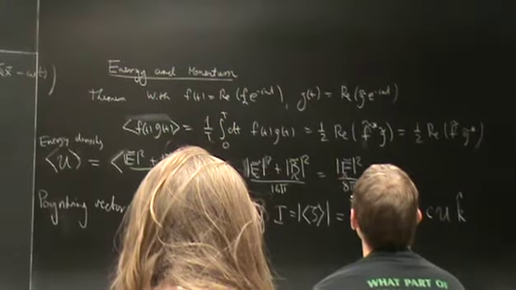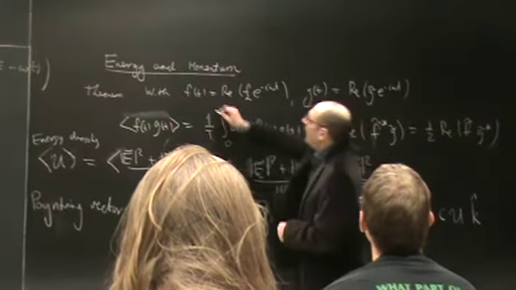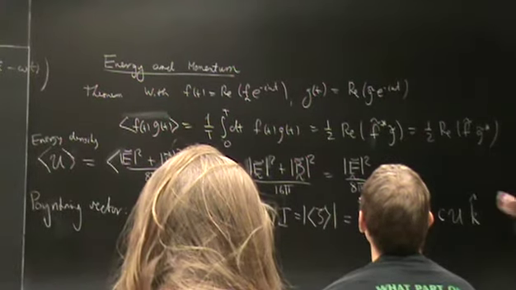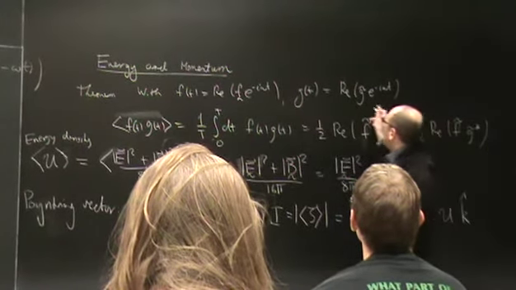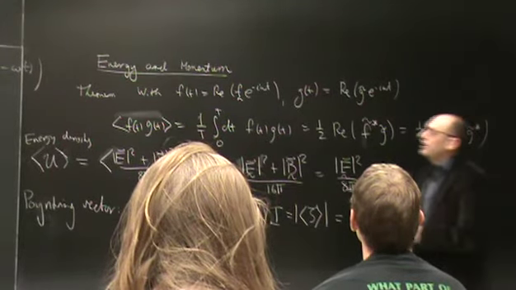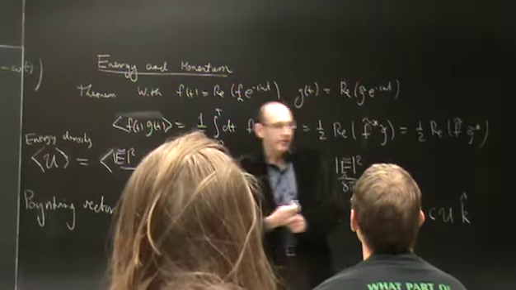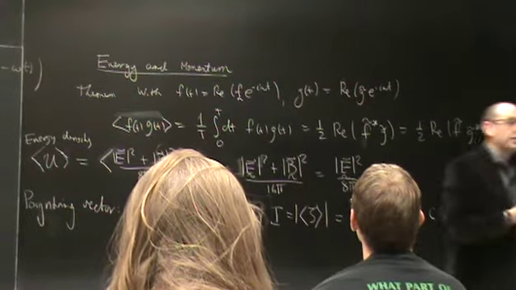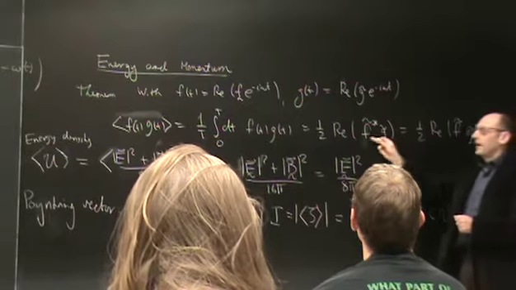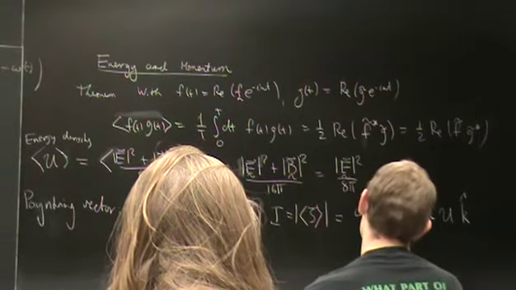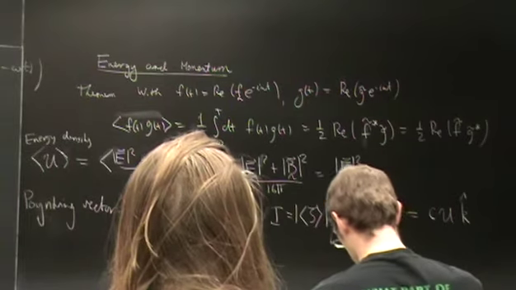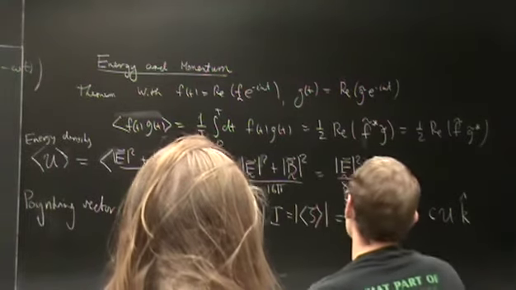To do that, we first reminded ourselves of a very useful theorem, which says that if I have two functions which are oscillating at a certain frequency, and I want to look at the time average of the product of those functions, then I can easily write that down in terms of the complex amplitudes of those functions. It's a very useful little expression.